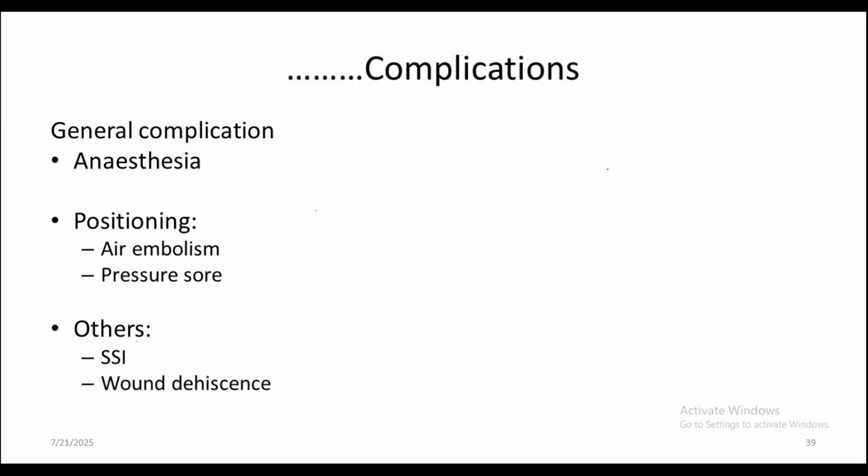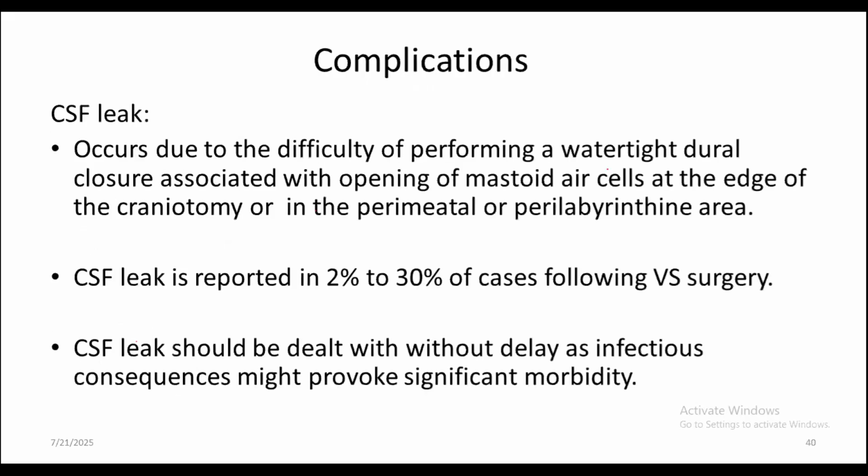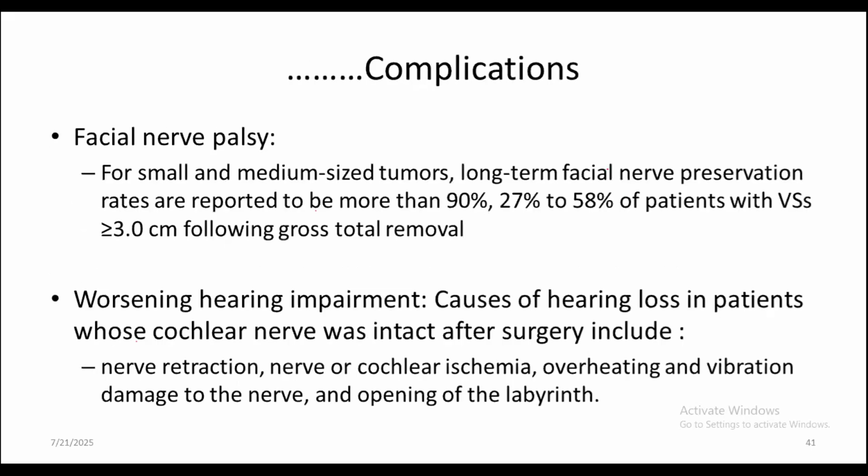Complications involve general complications as well as procedure-related complications. General complications are due to anesthesia, positioning, air embolism and pressure, surgical site infection, and wound dehiscence. CSF leak is one of the commonest complications of the retrosigmoid approach, and this is due to injury to mastoid air cells, and leakage can also be from the durotomy site, and from the suprameatal drill, where CSF enters into the middle ear and leaks from there.